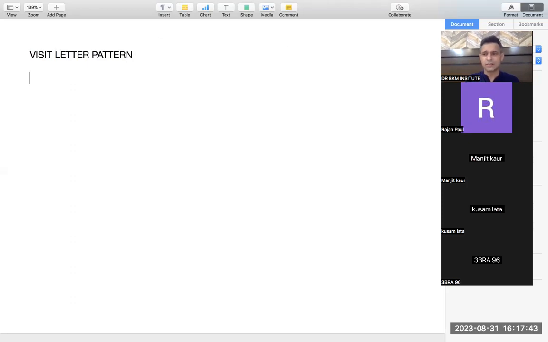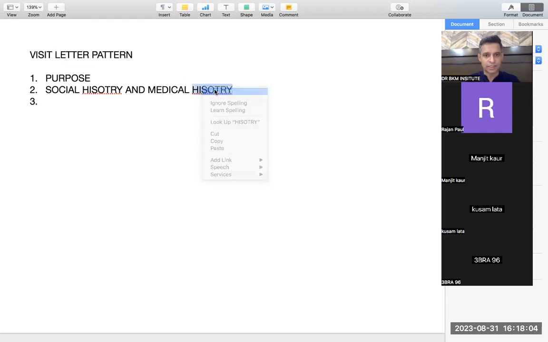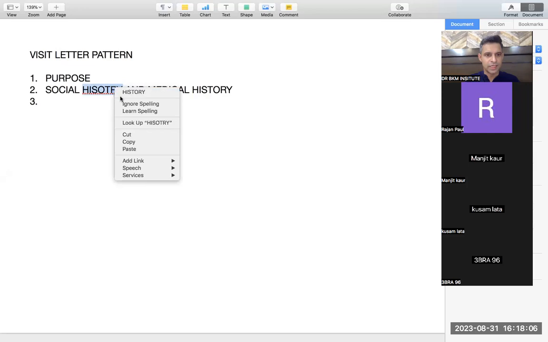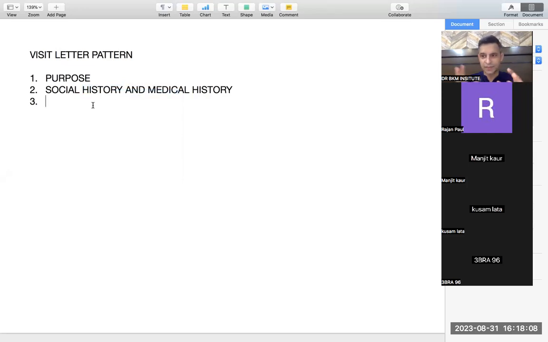If you understand the story, then of course the first paragraph is for purpose. The second paragraph is of social history and medical history. Forgive me for the spellings, but in the OET final exam, you cannot spell it wrong, so make sure that you write it nicely. I have the software, but in the exam you will be writing with your eraser and pencil.